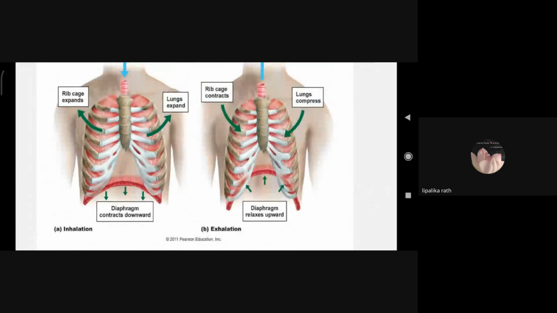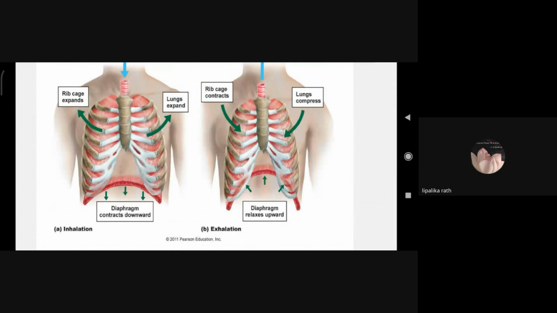You can see the difference between the two: during inhalation our ribs, lungs and the whole chest are expanded, and the surrounding muscles like the diaphragm, external intercostal muscles and neck muscles are contracted.